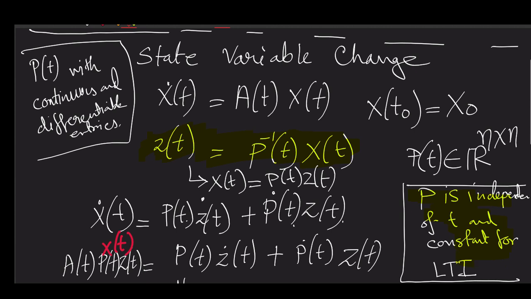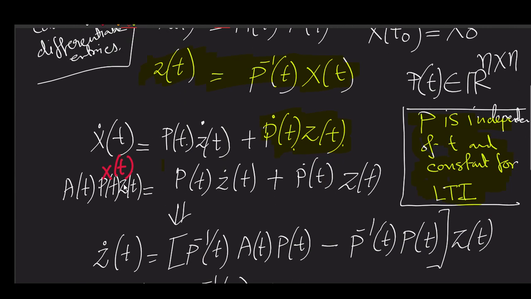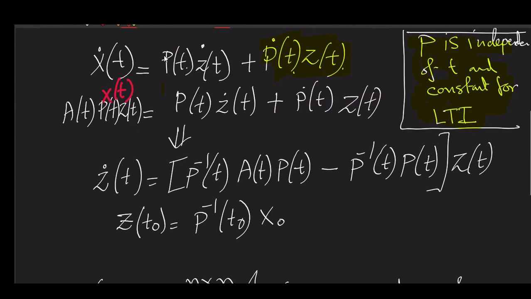For an LTI system, you will have a constant value of P, and therefore in case of LTI, the second term will not be there. You will deal with this one. Anyway, we are now considering a generalized case. Later on, if it becomes zero in due course, then we can drop it. There is no harm, but we must go for a generalized analysis.